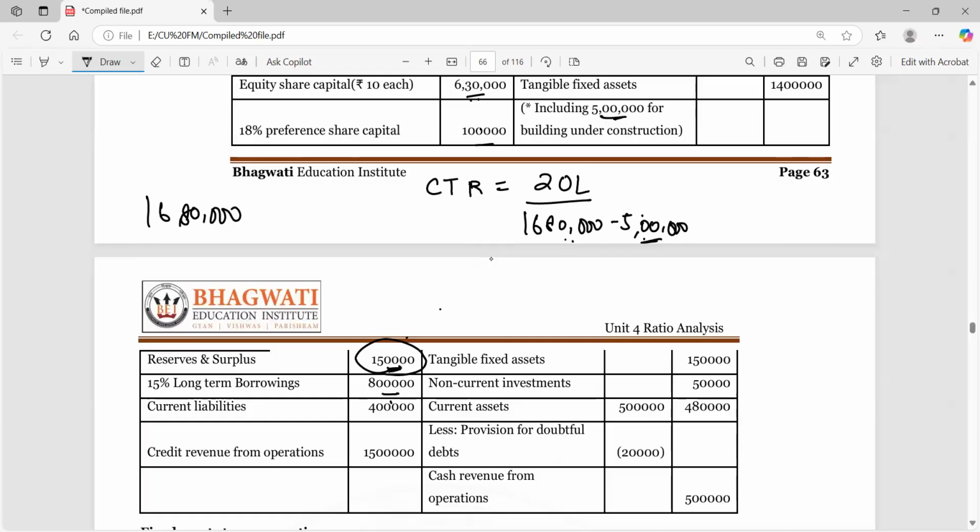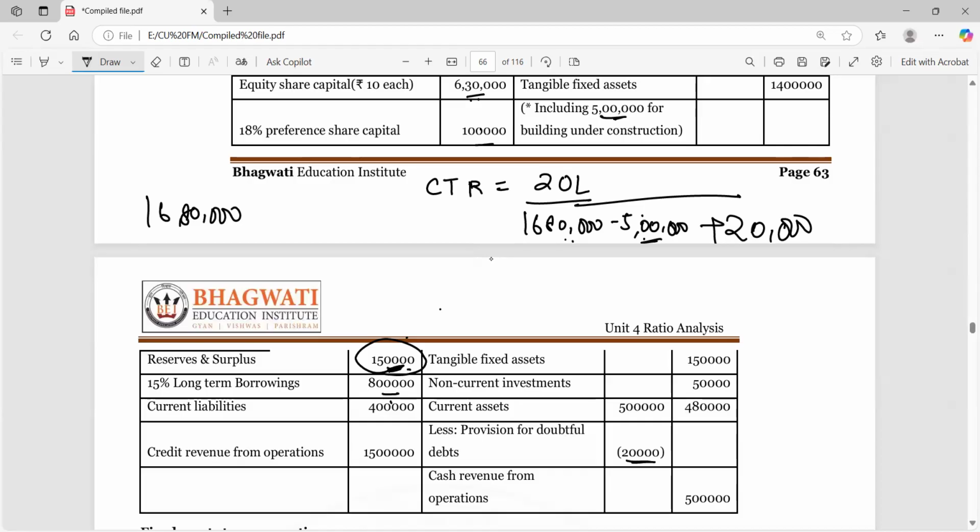This 1,50,000 is arrived after subtracting provision for doubtful debts of 20,000. But while calculating activity ratios, provision for doubtful debt should not be subtracted. So add back the 20,000. Clear? Any doubt?